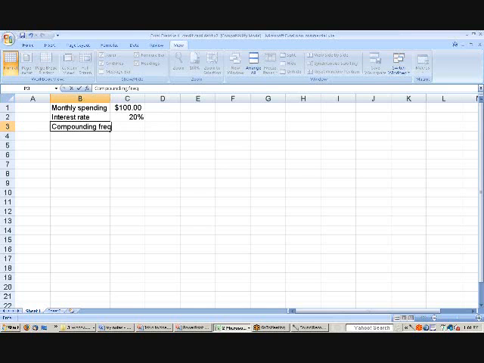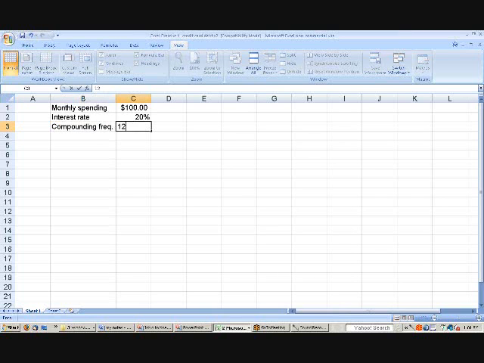Compounding frequency, again, it's going to be 12 because they charge interest on a monthly basis. You get your bill on a monthly basis, and then every month you're charged interest. And the minimum payment we said is 1% of your balance. And I think that's it.